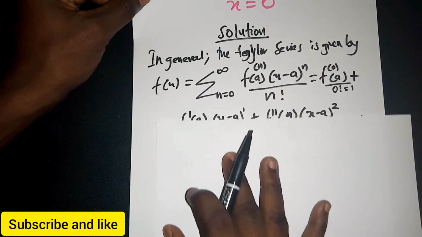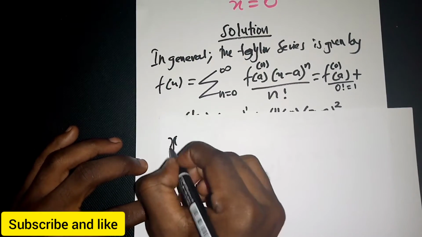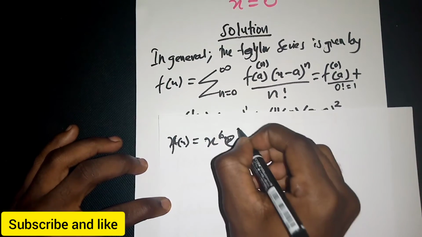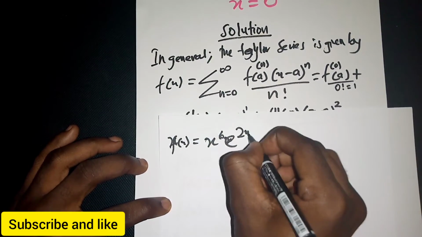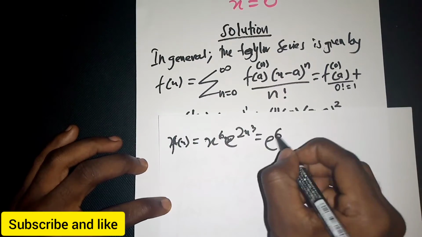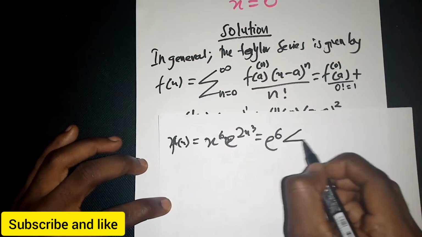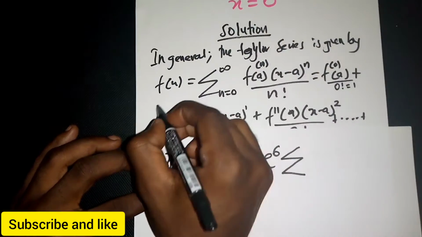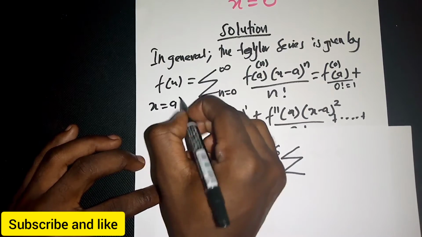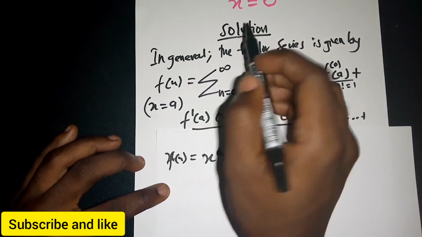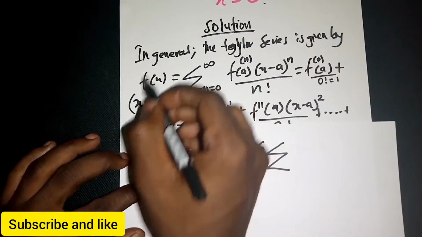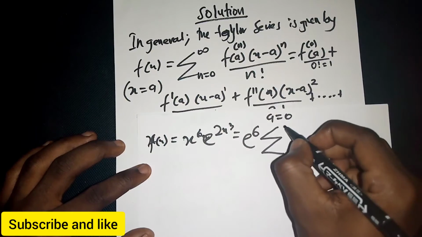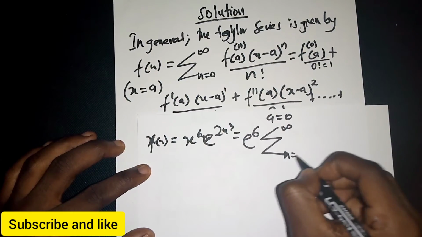So we have f of x, which is equal to x to the power 6 e to the power 2x cube, which is just x to the power 6 outside, then the summation of all of that. Now the general equation is when x is equal to a, so in this case a is just equal to 0. Then we have n equal to 0 here.